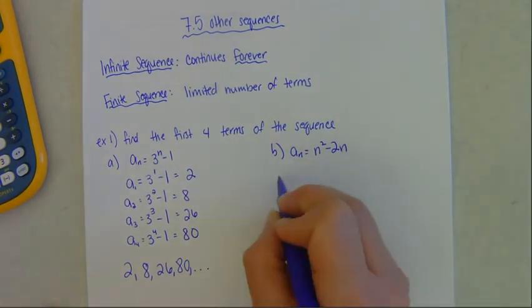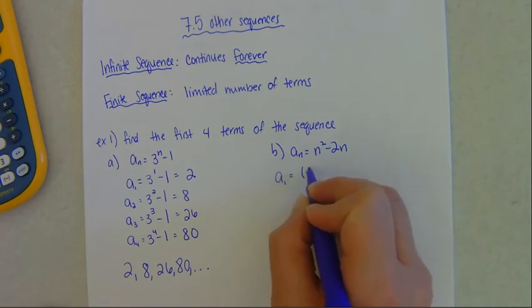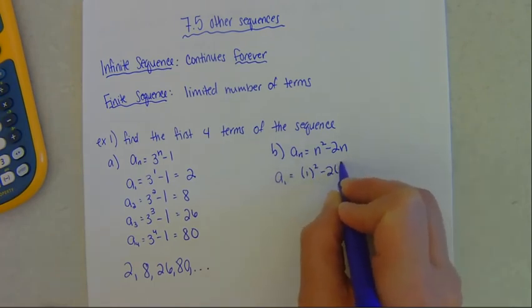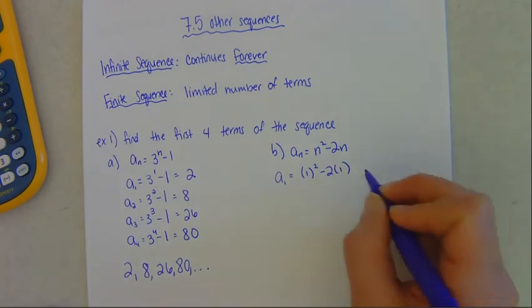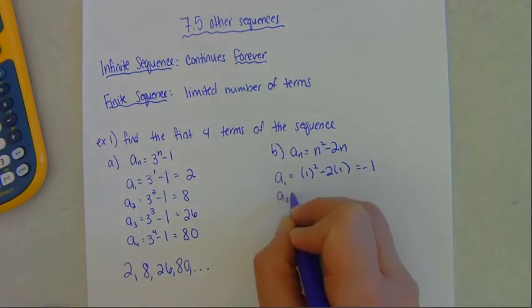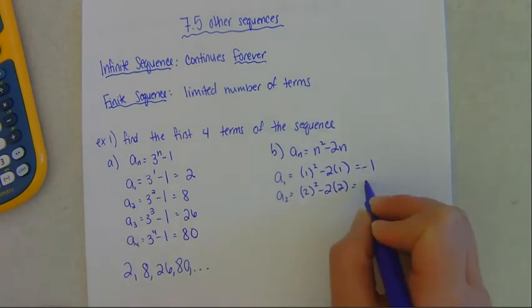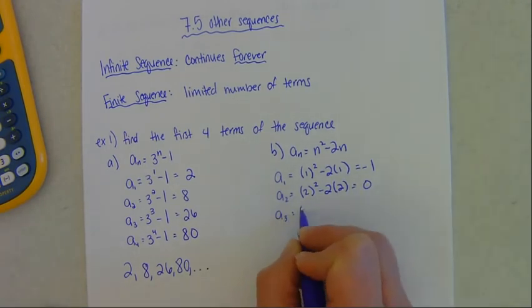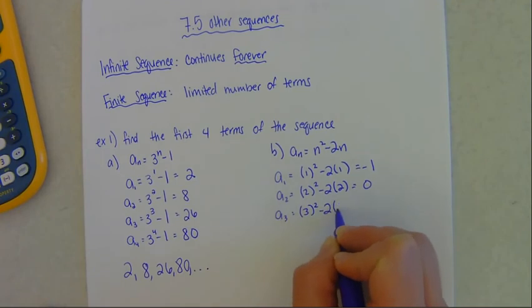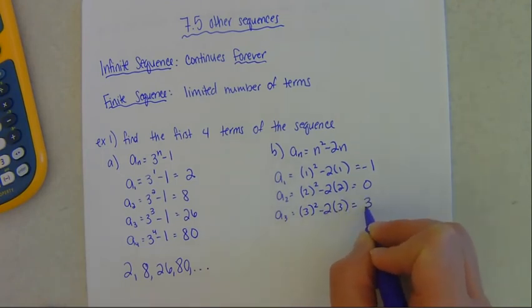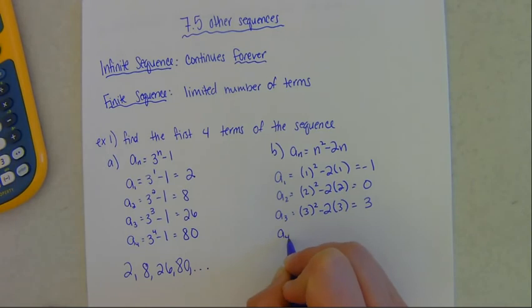Okay, so same idea over here, a sub 1, we're going to plug in 1. Sometimes you have to plug in that n in 2 different places. That's the purpose of this example. A sub 2, we're going to have to plug 2 in here, and for that other n. A sub 3, plug in 3 squared, minus 2 times 3, and then plug in 4.